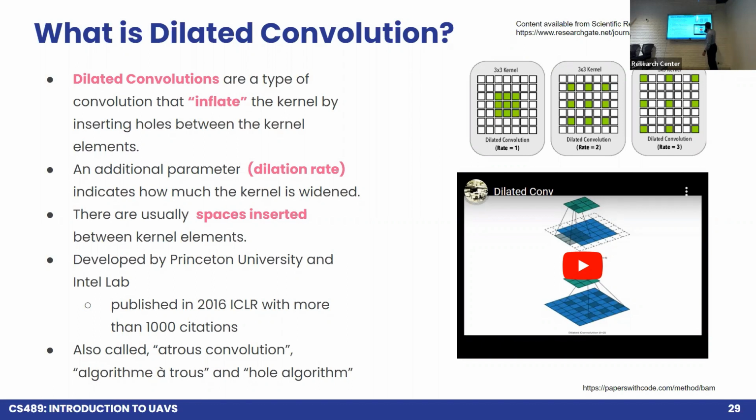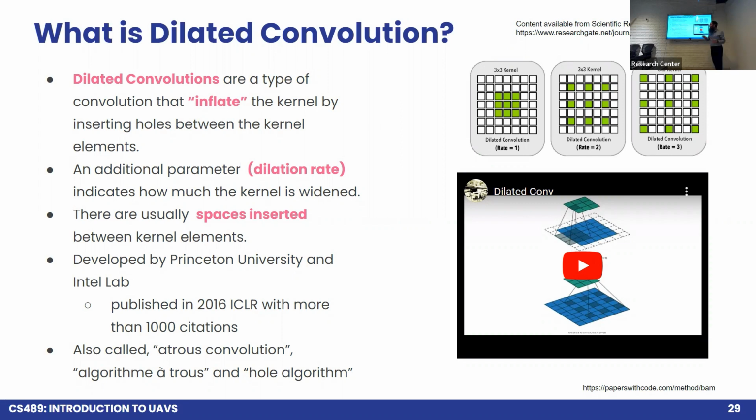Are the pixels in between zeros? The kernel, instead of making the weighted sum here, will be making the weighted sum over these pixels. Can I assume that in between is zero? Yes, it's not considered. I'm going to explain why. If you make the rate equal to 3, we're going to make it here.